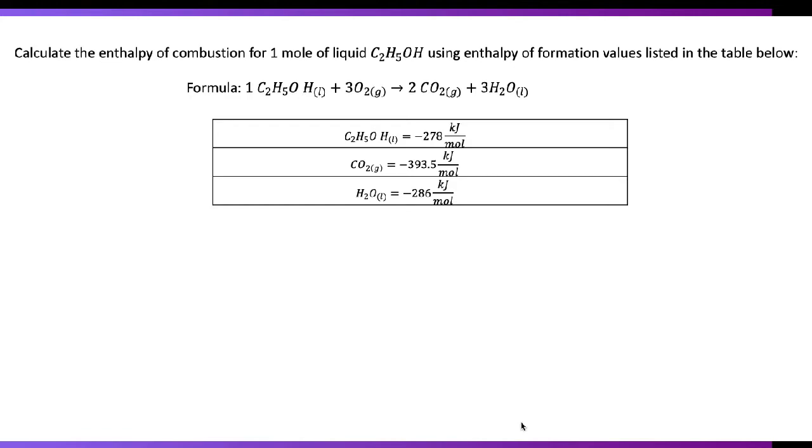Now we have to take note that whatever answer we get for the enthalpy change of reaction will be equal to the change in enthalpy of combustion, because we are looking for the enthalpy of combustion.